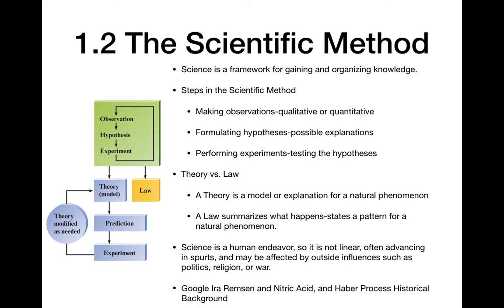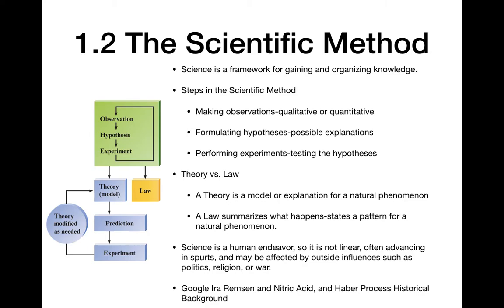Scientists, of course, think by making observations. Now, you think observation, you think seeing something with your eyes, but this could be detecting something with an instrument. It could be sound. It could be any way in which we can bring information into our observations.